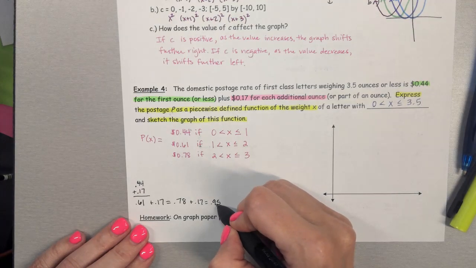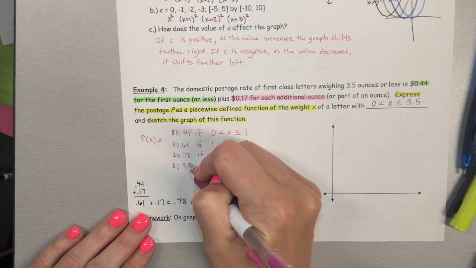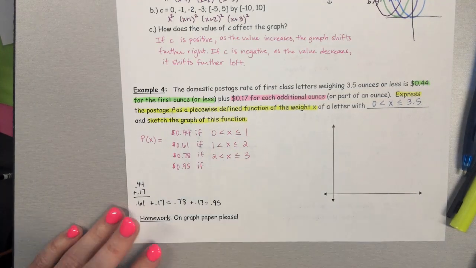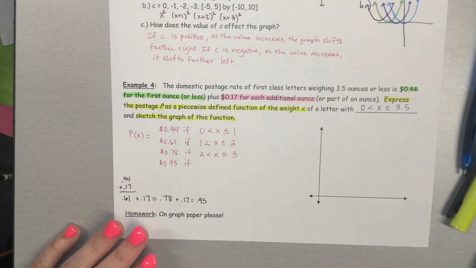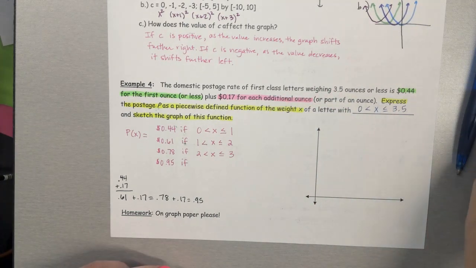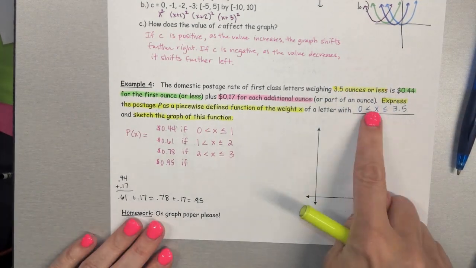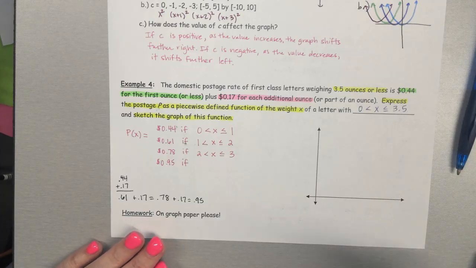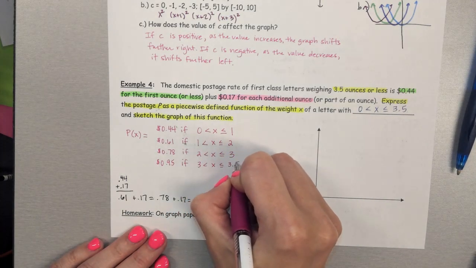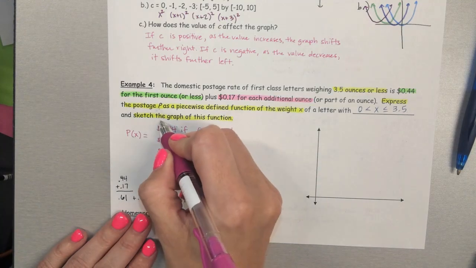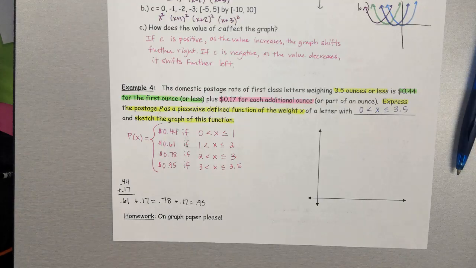Again, you can use your calculator to do that. Now for this one, we're not going to do it up to 4 because they told you you are only going to be doing this for 3.5 ounces or less. Okay, and they gave that to you here in that interval. So it's going to be 3 up to 3.5. And then our piecewise function has that special bracket there.